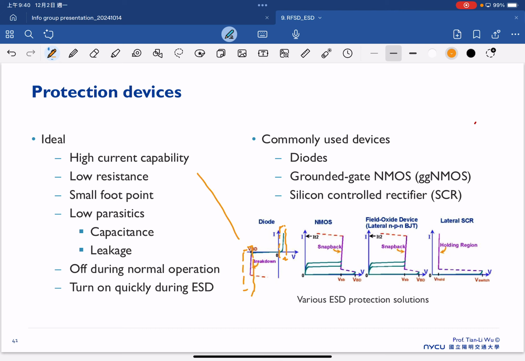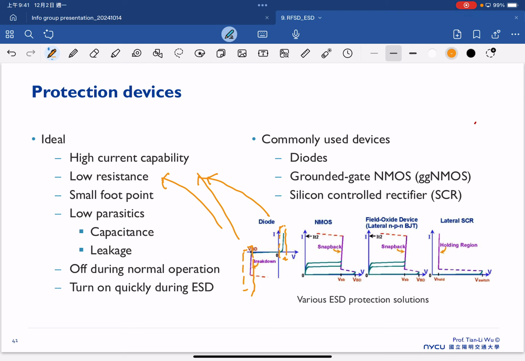So this can have high current capability and also low resistance. That's why we hope to use a diode as a very basic component for ESD. Although it's basic, it's actually quite useful because the diode has a very simple structure.